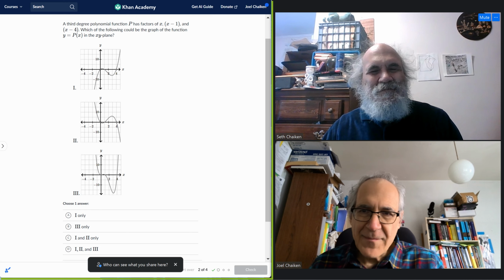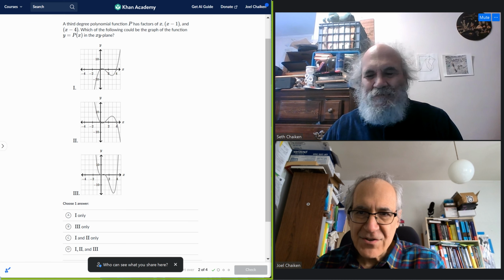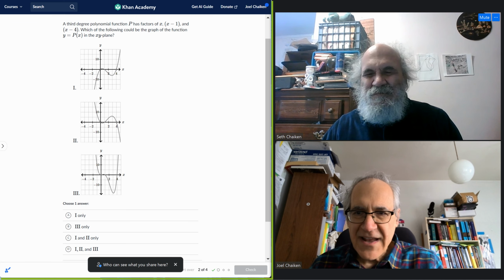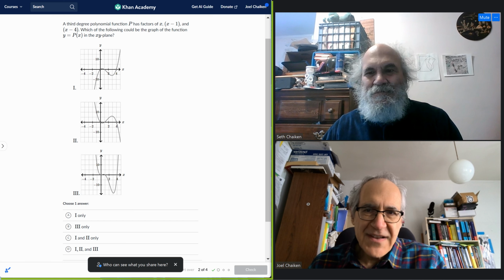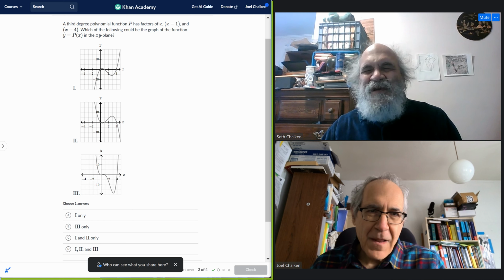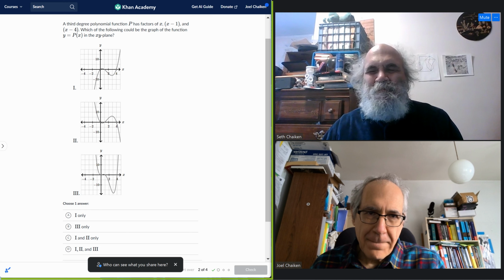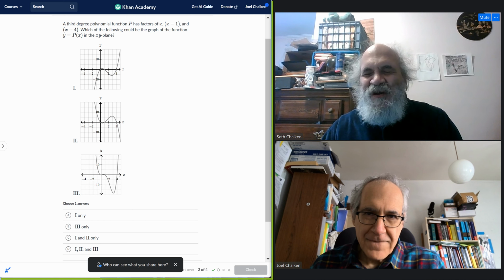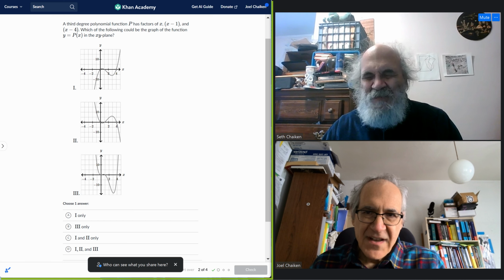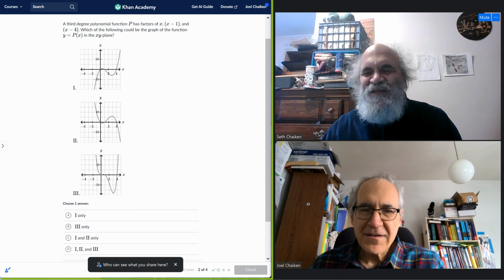So this is about graphs of polynomial functions, having to do with the nature of the roots and the multiplicity of the roots. It's also about where the curve goes when x is very large or very negative, the behavior on the far right and left sides of the x-axis.